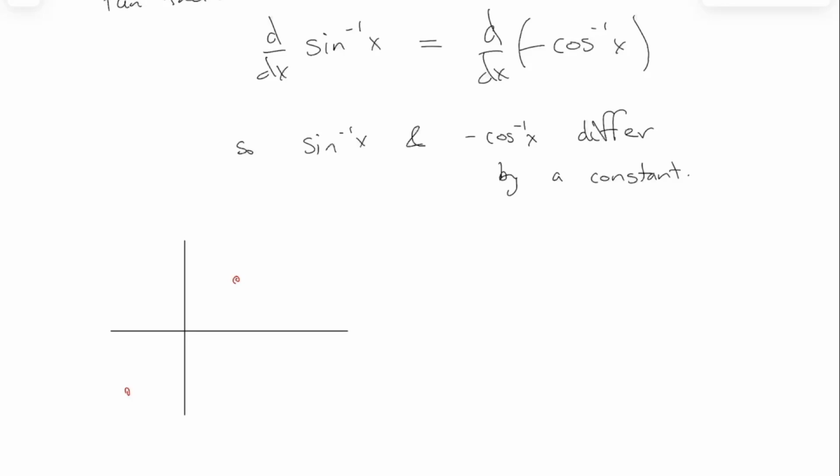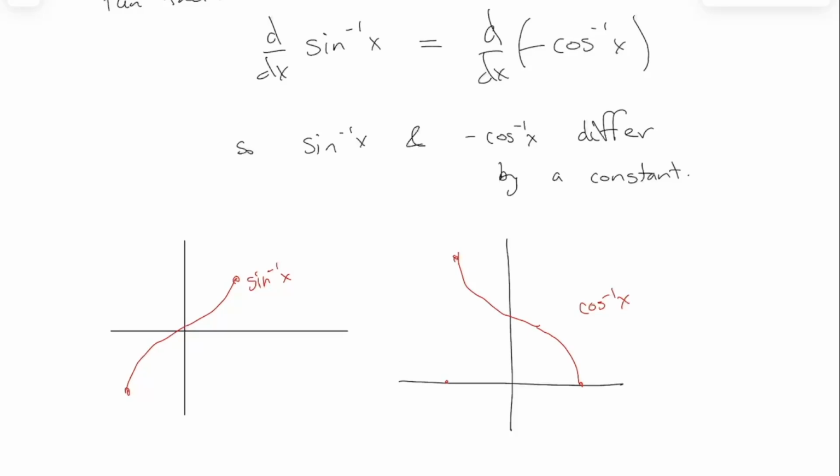It goes up, upsy daisies, like that, right? This is the inverse sine. And the inverse cosine is the one that we just did, which starts here and goes like this, right? This is the graph of inverse cosine, all right?